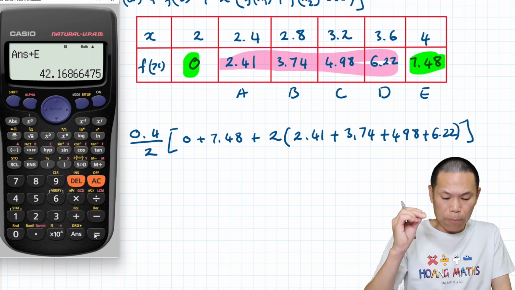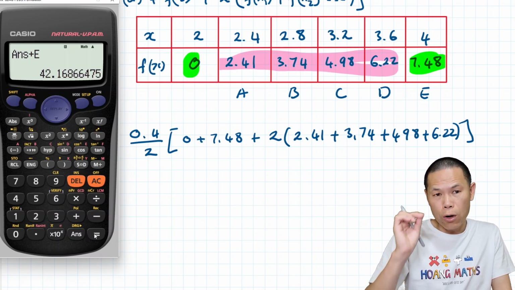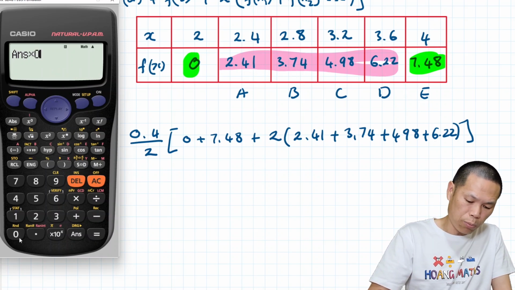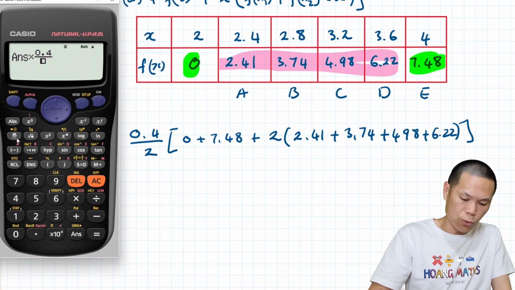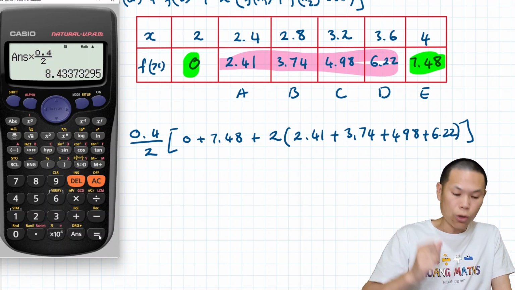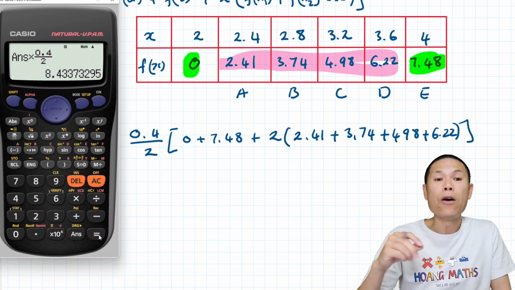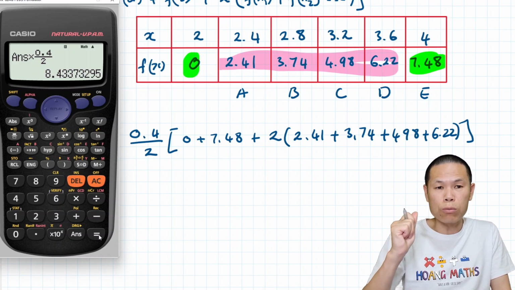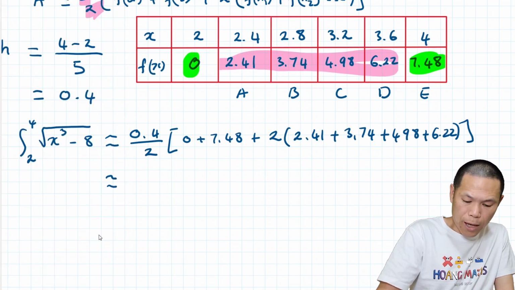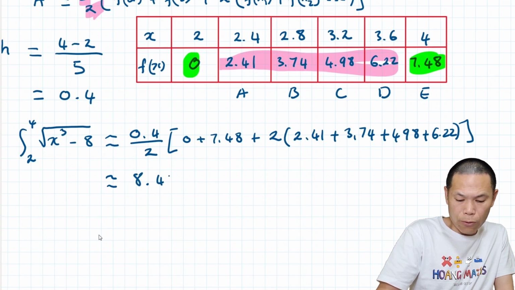Now I just times by 0.4 over 2. So there you go, 8.43. That is to 2 decimal places. So that is 8.43.